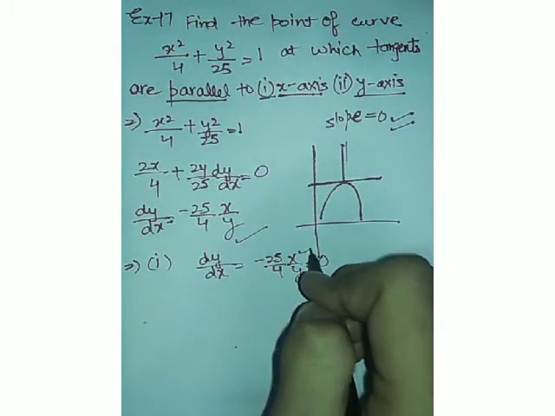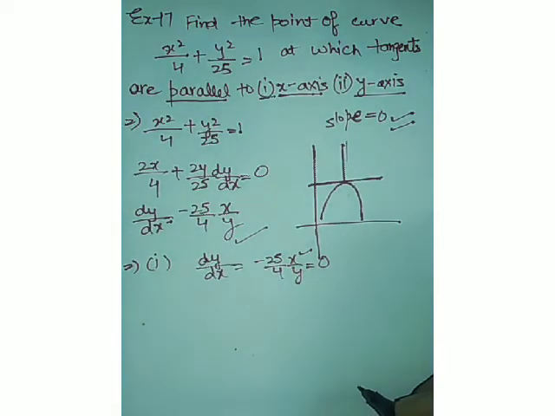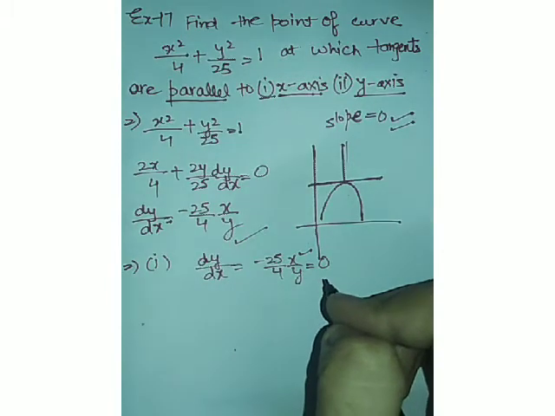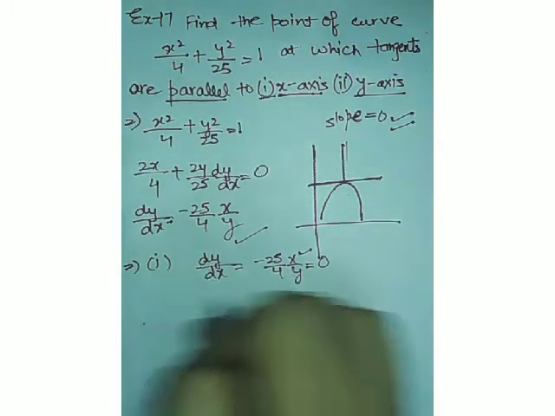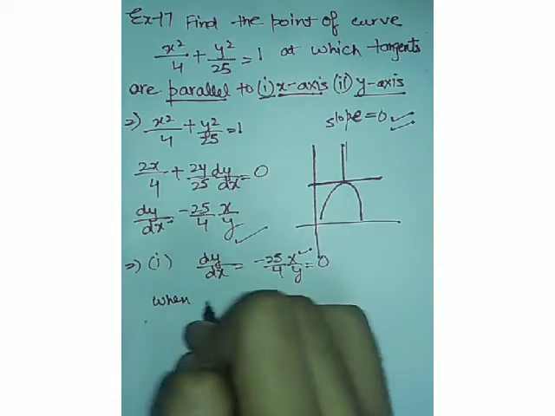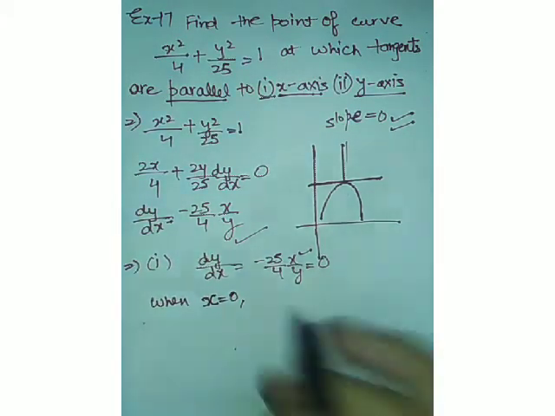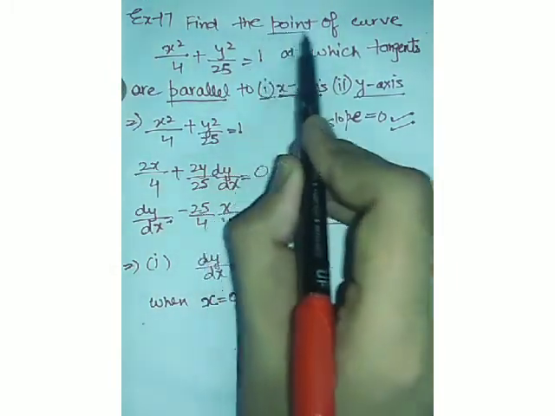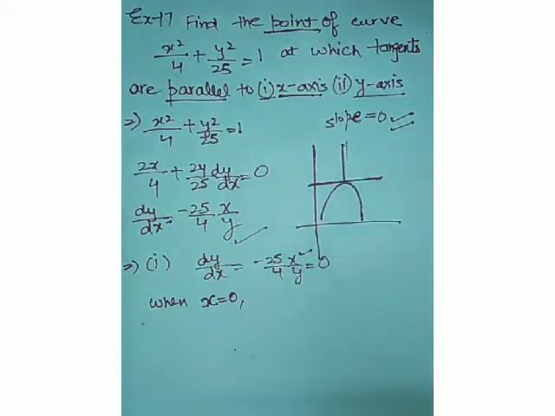It will only happen when x is equal to 0, because if y is equal to 0, then it will become infinity or not defined. So it's only possible when x is equal to 0. We have to find the value of y as well. We have found that x is equal to 0, because don't forget, we have to find the points, meaning the x and y coordinates.